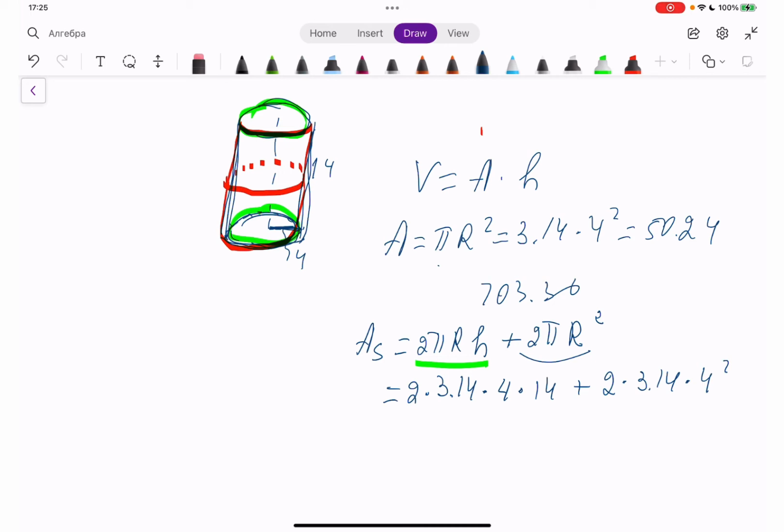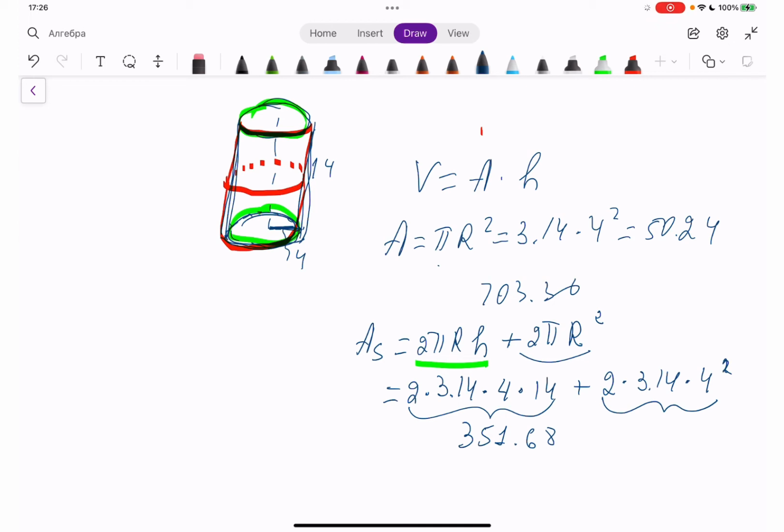And we are getting, let me see how much is this one. 2 times 3.14, it's going to be 6.28. 6.28, and then times 16 times 56, and we are getting 351.68.